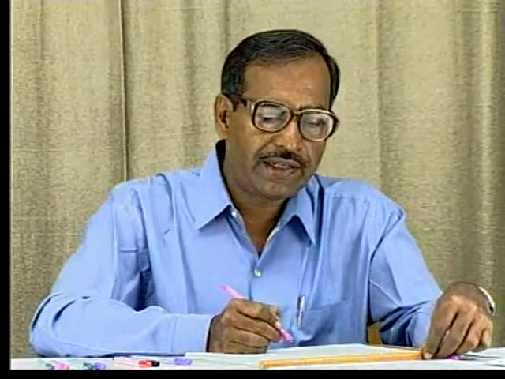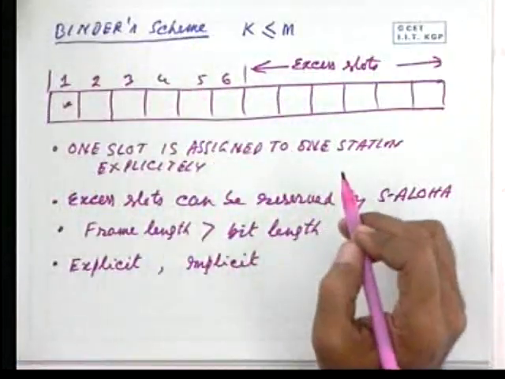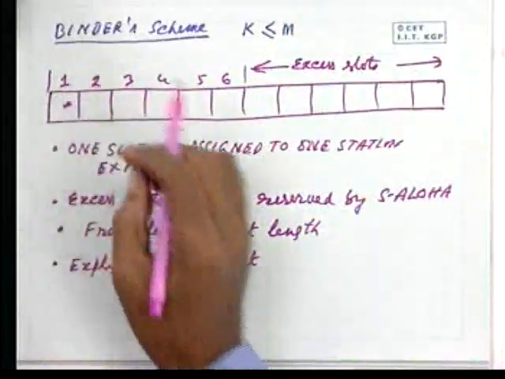Possibly the first frame will suffer collision, but subsequently the station which was using that particular slot will come to know about it, so subsequently it will not send. So this is how in this Binder scheme the different slots can be used, a particular station can use it, can release it and reclaim it whenever necessary, whenever it has got data or no data.